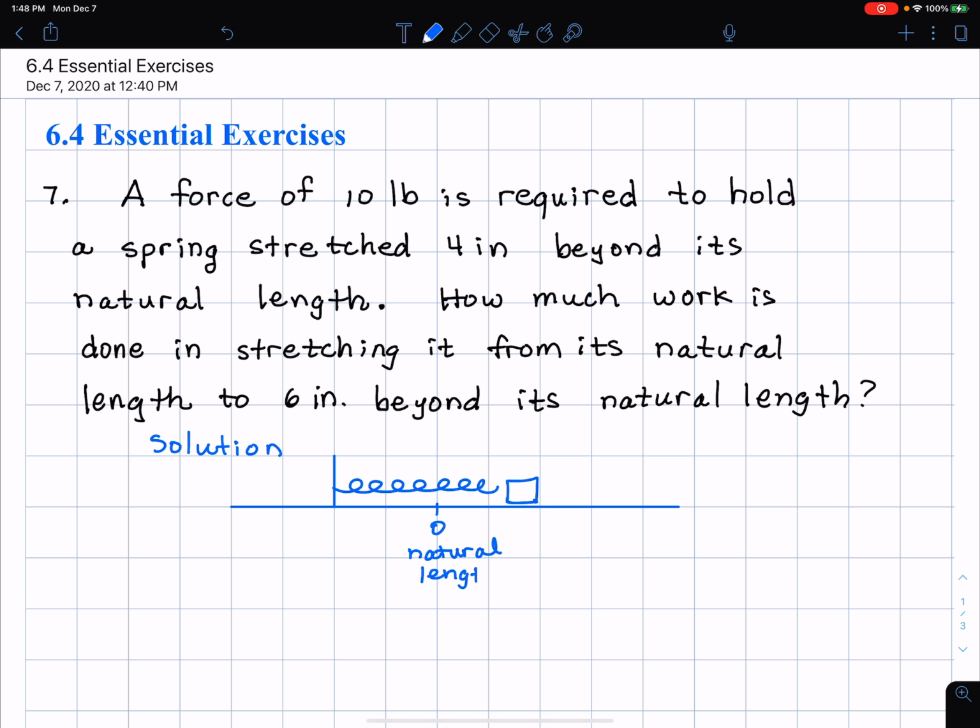And our object is attached to a spring, and this displacement is x. So the amount that it's stretched out beyond its natural length is x.